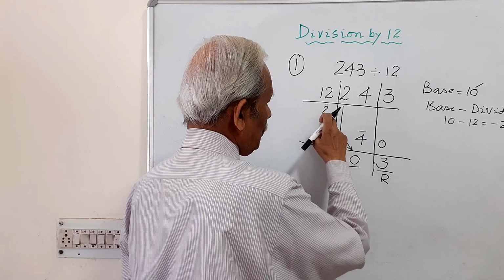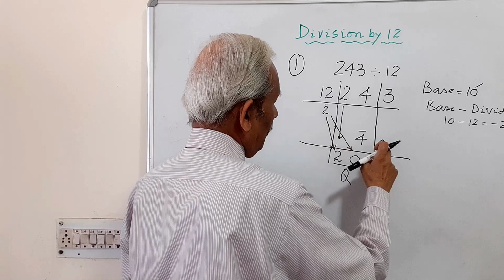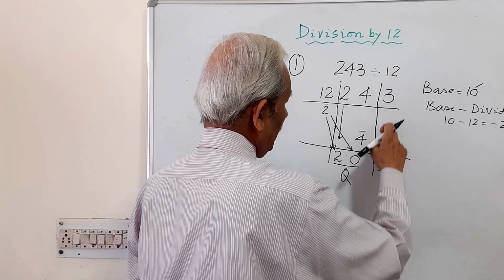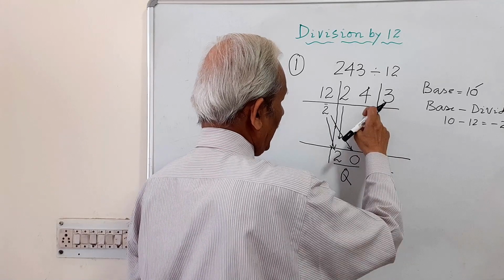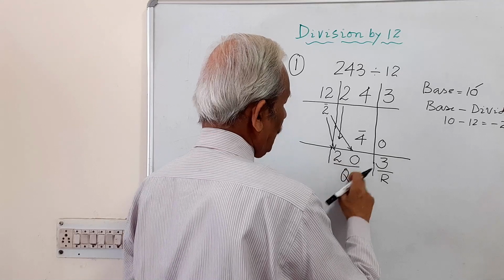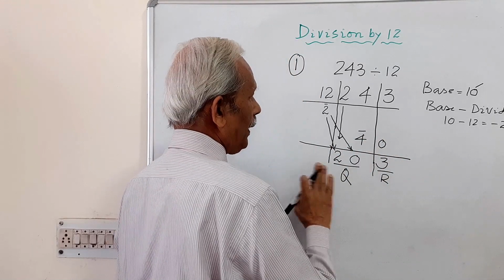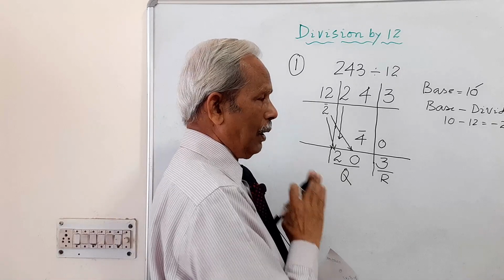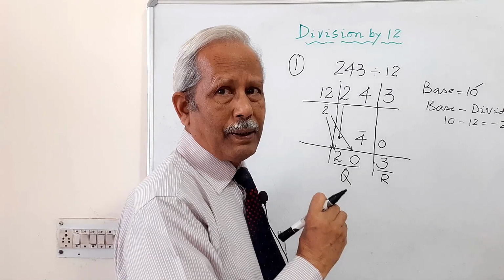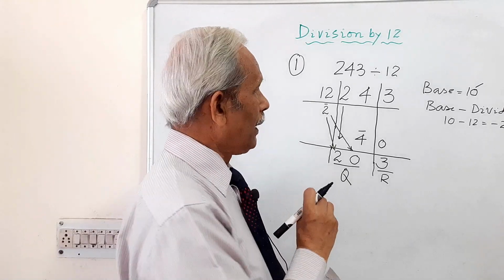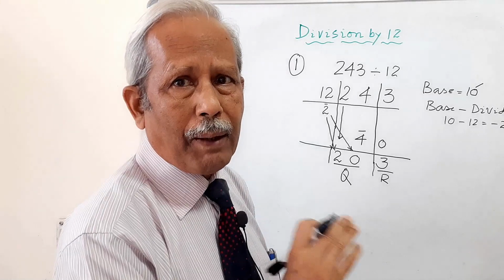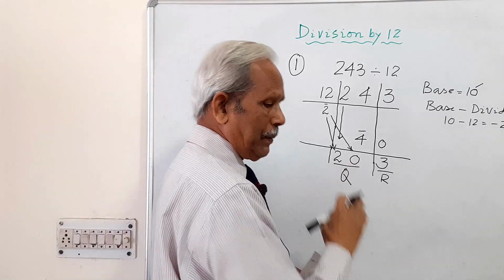Then add this 2 bar with this 0 and you get 0. Put down 0 here. Now 3 plus 0 is 3. So 20 is the quotient and 3 is the remainder, and that is all. It's quite simple. The only thing is you have to follow the process. Just remember this process very clearly so that you may not have any difficulty.